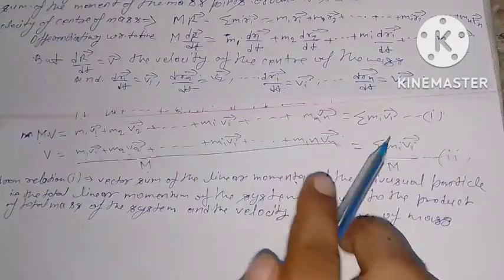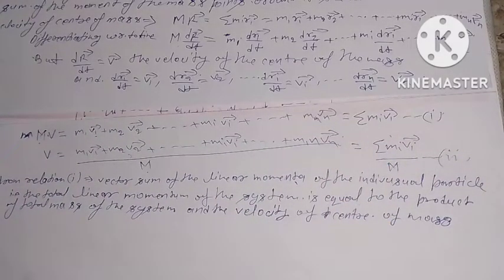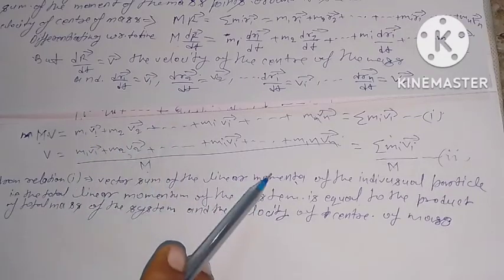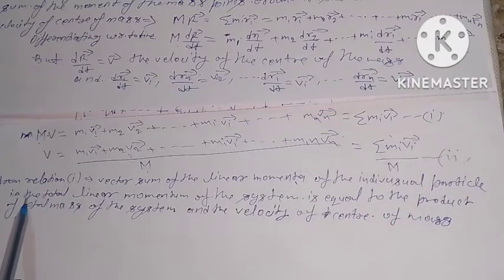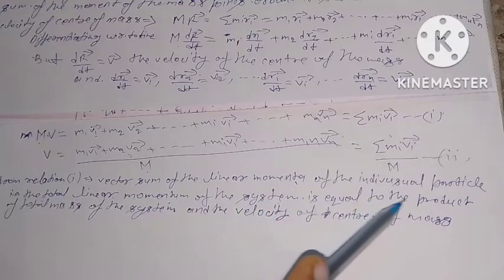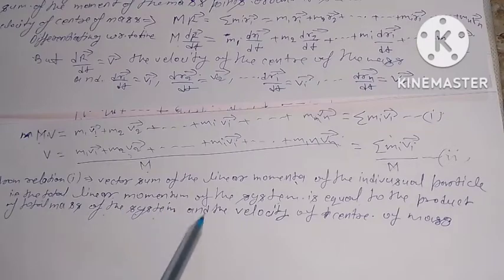From the relation first, the vector sum of the linear momenta of the individual particles is that the total linear momentum of the system is equal to the product of the total mass of the system and the velocity of the center of mass. In the absence of any external force, the total linear momentum of the system P is conserved.